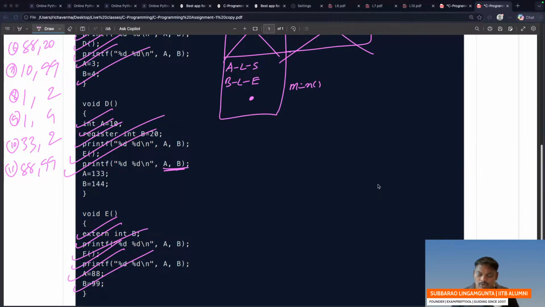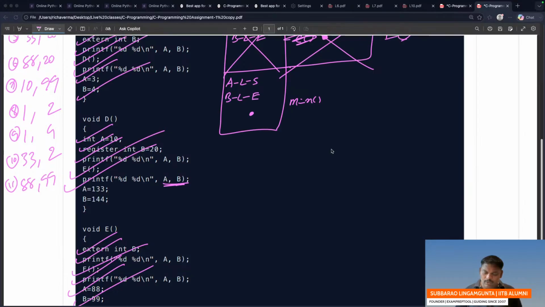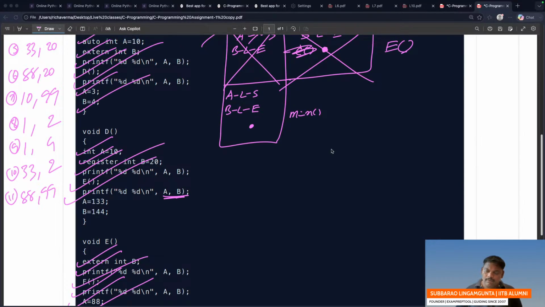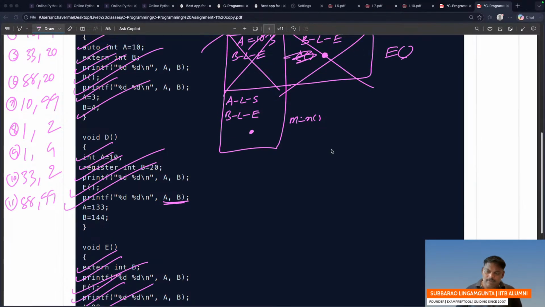In the E, when you print the first time, what is printed? B local external. E you came.